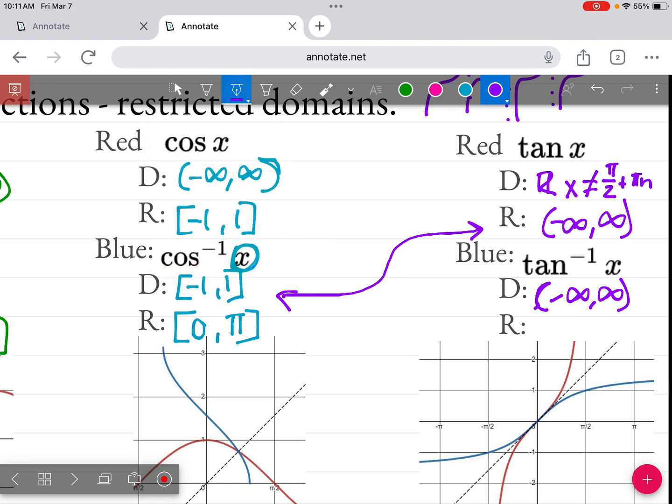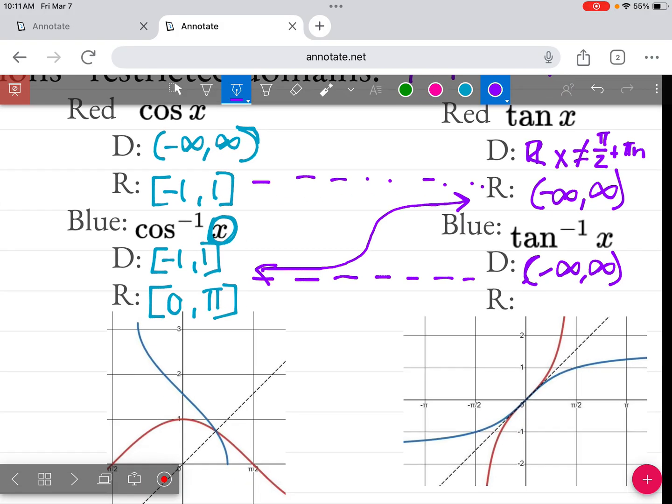What is our range going to be on this one? Our asymptotes would be like this if we had them. We're going to go from negative pi over 2 to positive pi over 2.